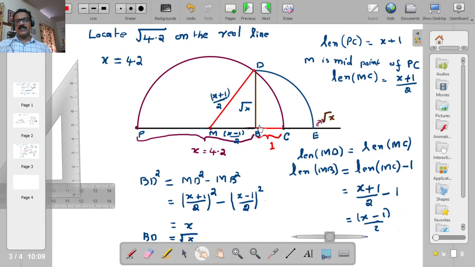The circle centered at B and having radius equal to BD units will meet this number line at some point.